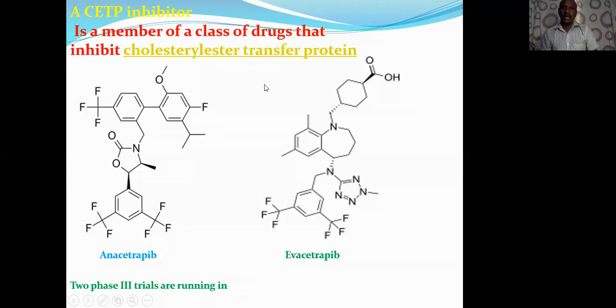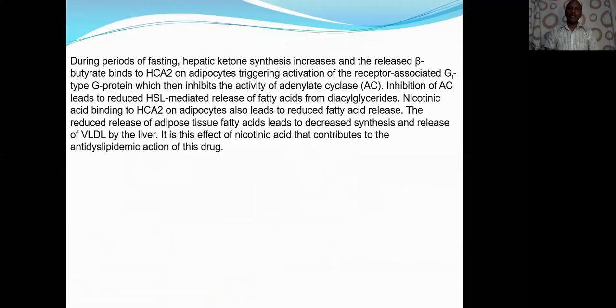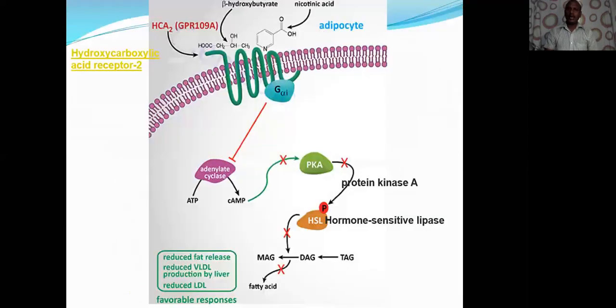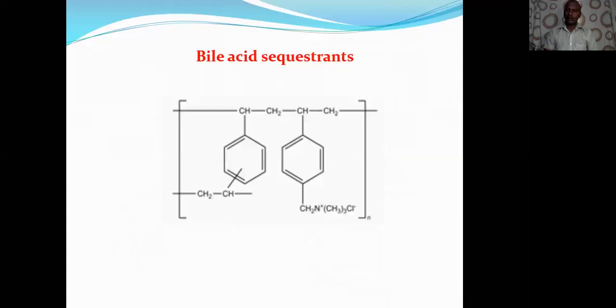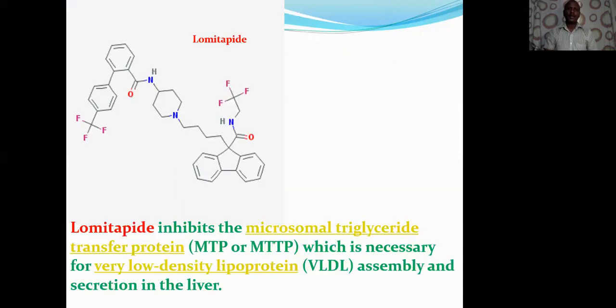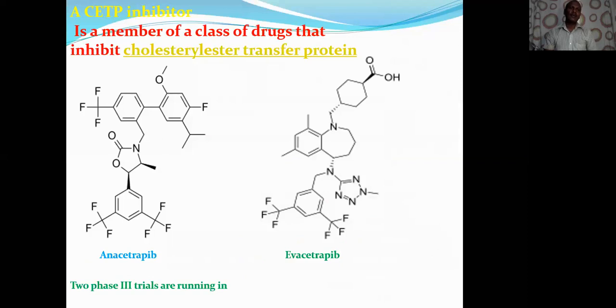So these are the various classes of drugs we use for the management of hyperlipidemia: statins, fibrates, niacin, bile acid sequestrants, then NPC1L1 protein inhibitors, MTP inhibitors like lomitapide, the microsomal triglyceride transfer protein inhibitor, and then CETP inhibitors, the cholesterol ester transfer protein inhibitors.